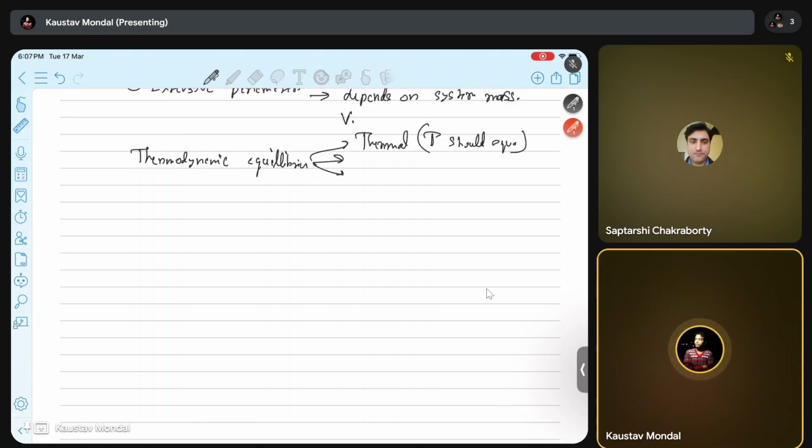Next is the mechanical equilibrium, which is related to the pressure. And third is the chemical equilibrium, which means there is no exchange of particles between the system and the surroundings. If the system follows all these three types of equilibrium, then we can say that the system is in thermodynamic equilibrium.